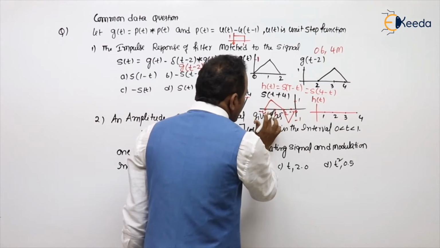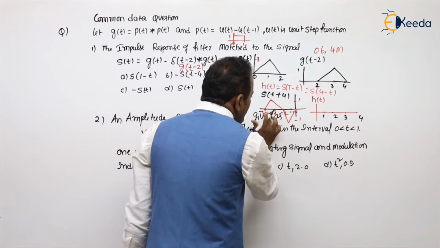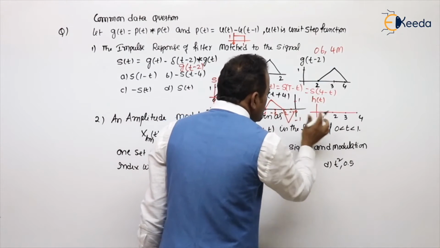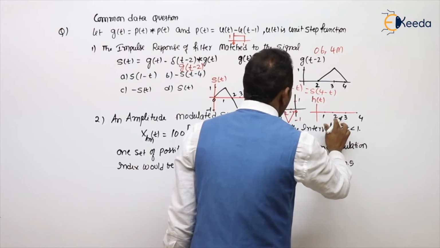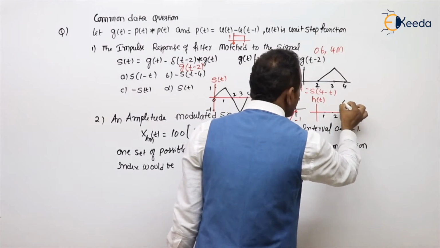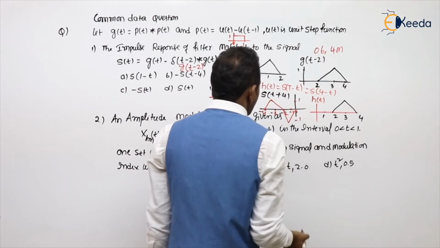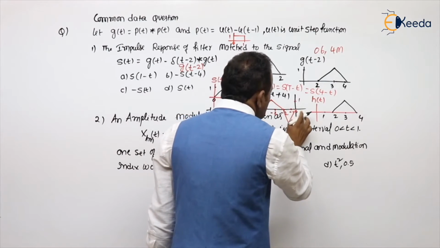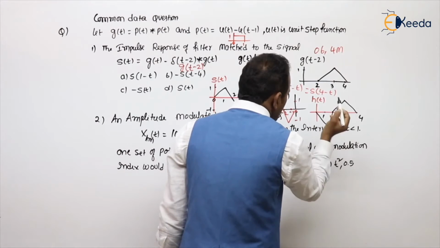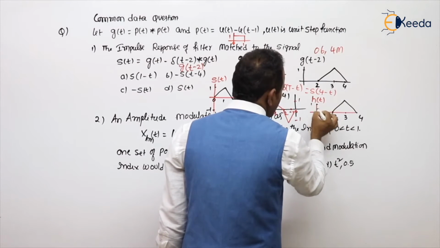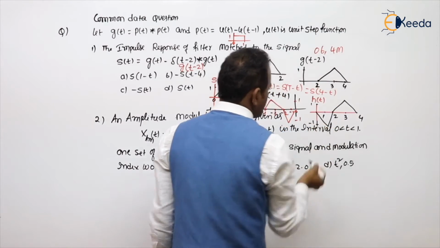So the shape from minus 4 to minus 2 will be here 4 to 2. Try to understand. How the shape from minus 2 to 0? It will be 2 to 0 now. Above is 1, below is of course minus 1.